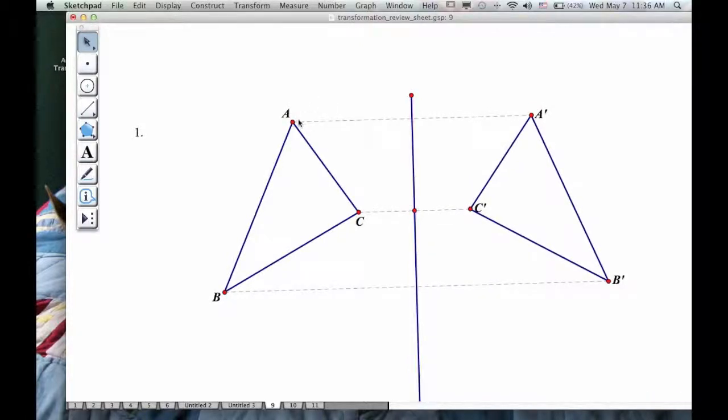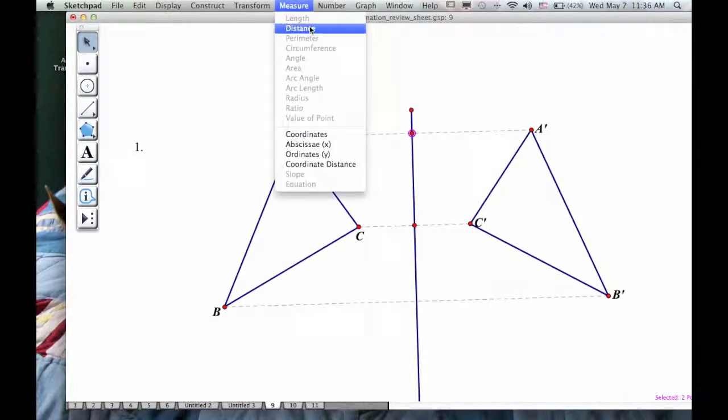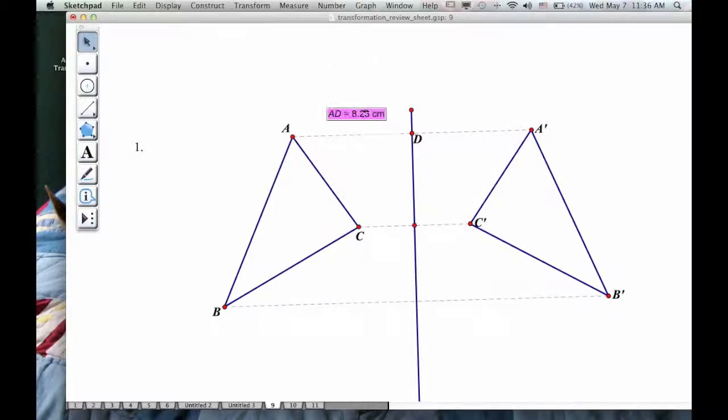Another way is to measure the distance from the point of the triangle to the point on the line of reflection: the distance between A and D and A prime and D should be the same. As you can see, it's congruent.